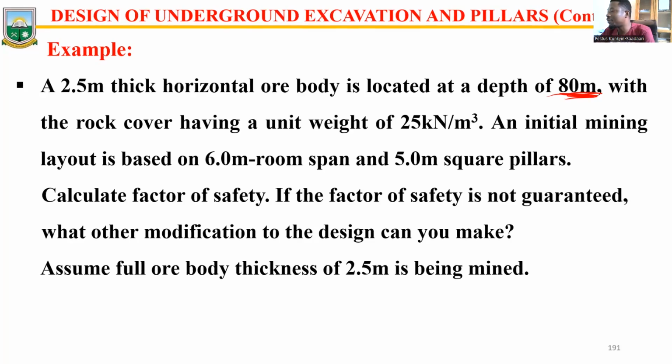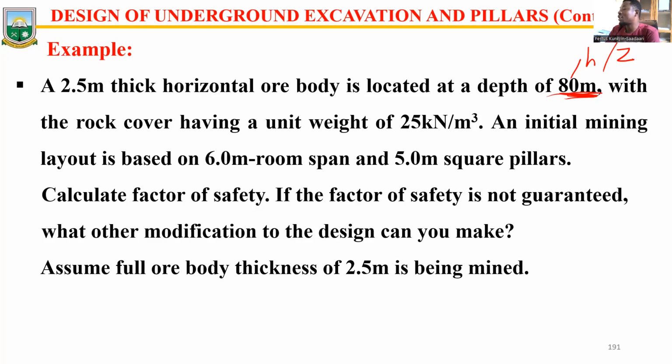A 2.5 meters thick horizontal ore body is located at a depth of 80. That's our H, the height from the ground. Or in other jurisdictions, you say the Z, from the top to where the ore body is.